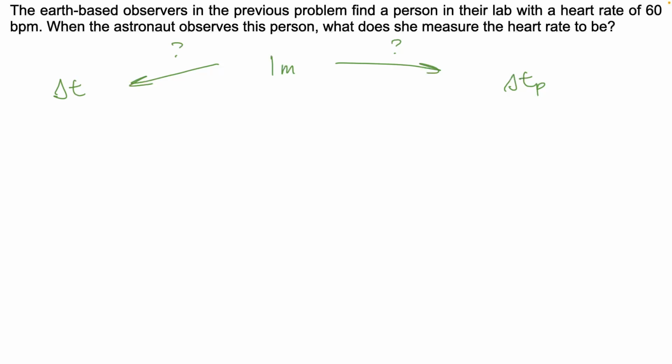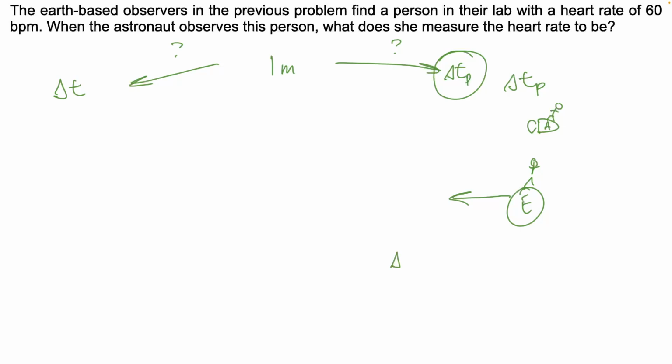Whereas the astronaut is going to see the Earth moving away. So as the astronaut tries to measure a lab person's heartbeat, there's no choice but to see those heartbeats happen in different locations. So the 60 beats per minute has been measured, and this 1 minute is very definitely a proper time.